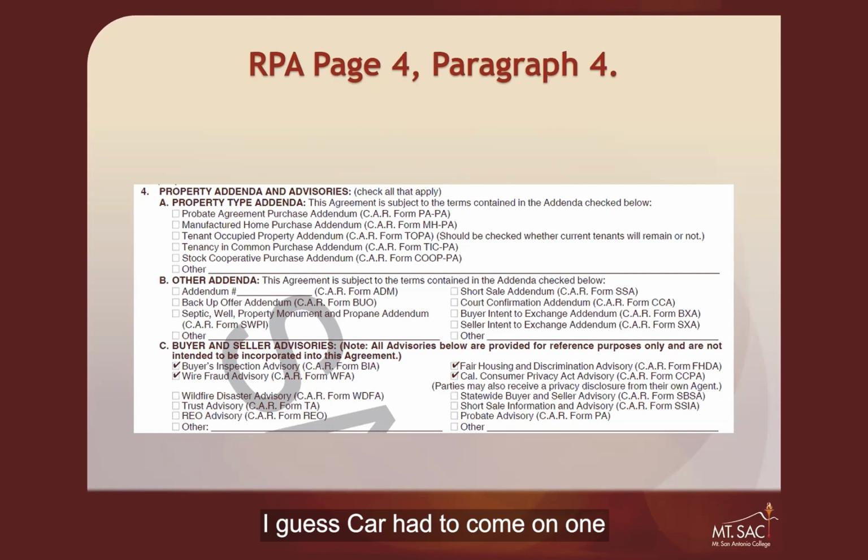You know, I guess CAR had to come down on one side or the other on this issue. If I was there, I would have gone the other way. I would have said, no, buyer has the right to go after the seller because seller's not in performance. All right. But CAR went the other way. Okay. So that is the way it's going to be. Can you change it? No, you cannot.